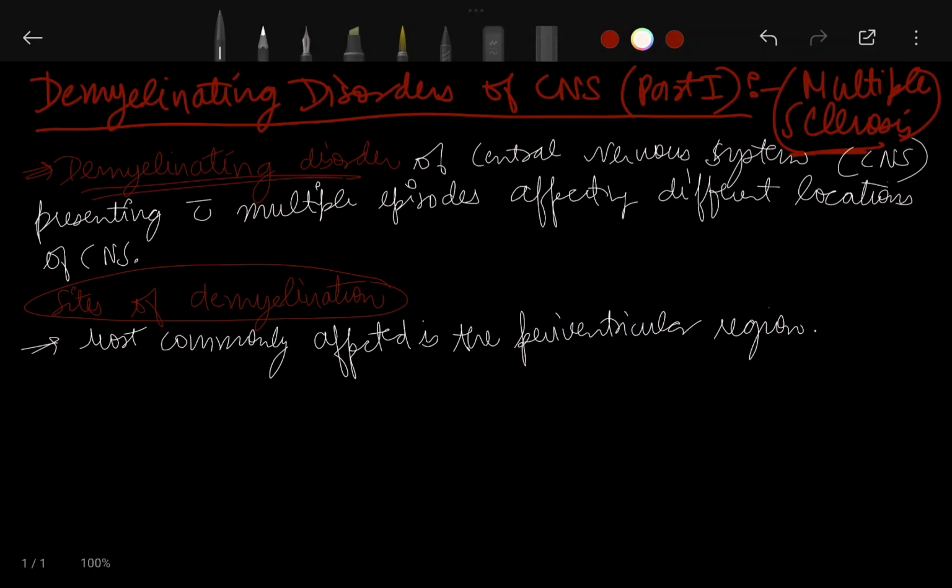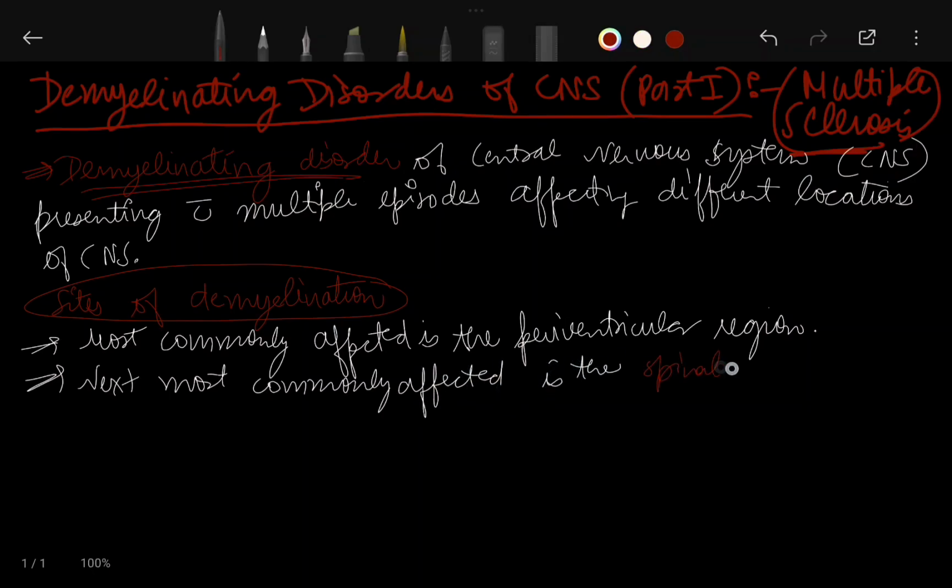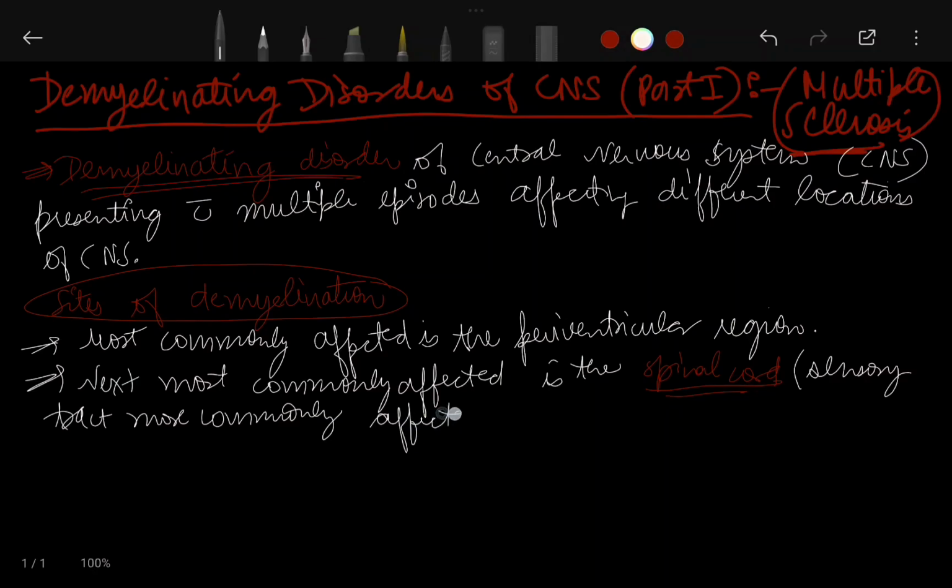The most commonly affected site of demyelination is the periventricular region, and the next most commonly affected is the spinal cord. That is, the sensory tract is more commonly affected than the motor tract.